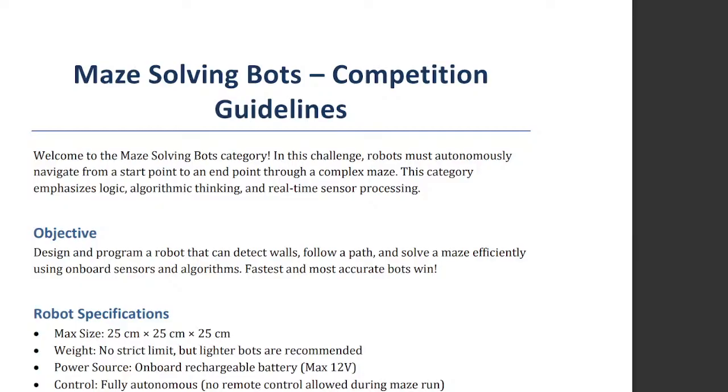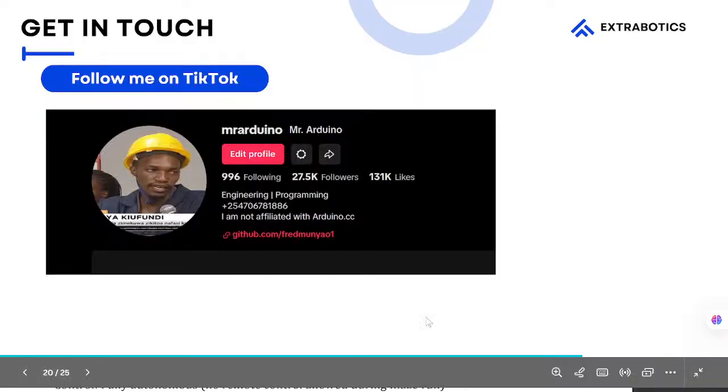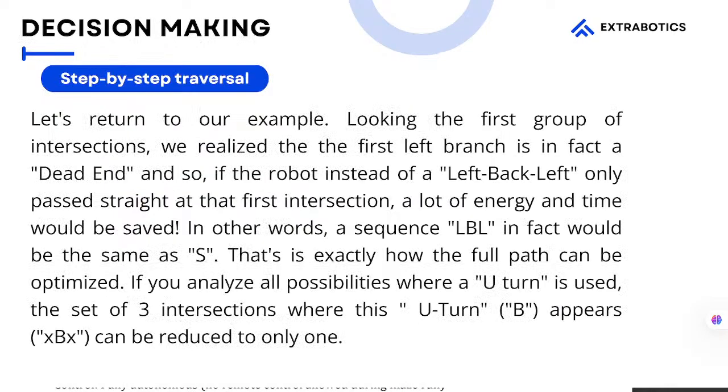So let me explain how the robot does a U-turn. I'll roll back to the previous slides.